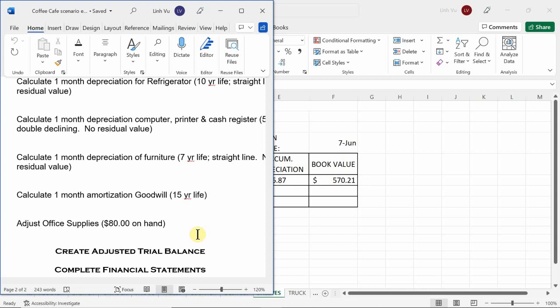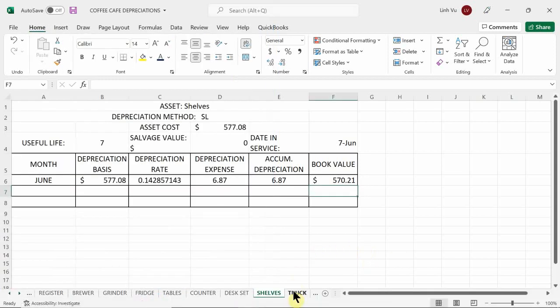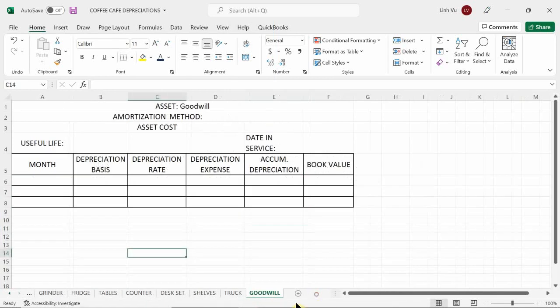Now, amortization actually ends up being the same thing as depreciation. The only difference is the terminology. Depreciation is for fixed tangible assets, while amortization is more or less depreciating intangible assets. So under your depreciation tables, you do have a section for amortization.